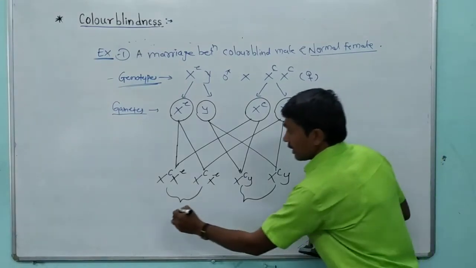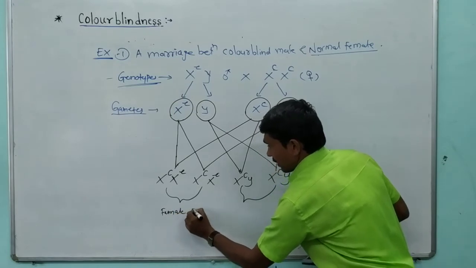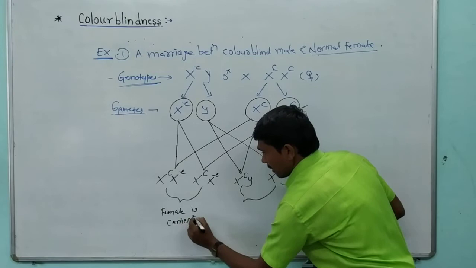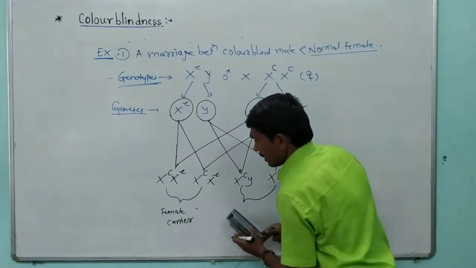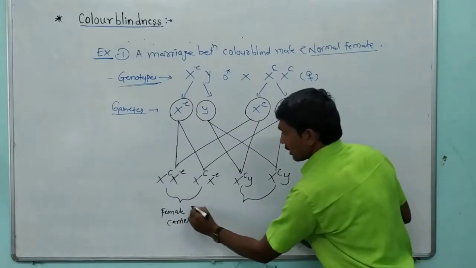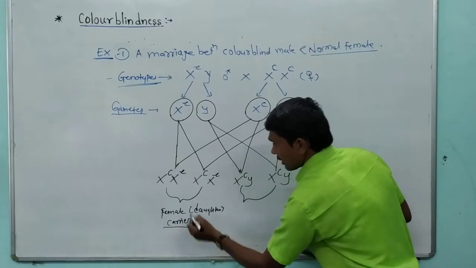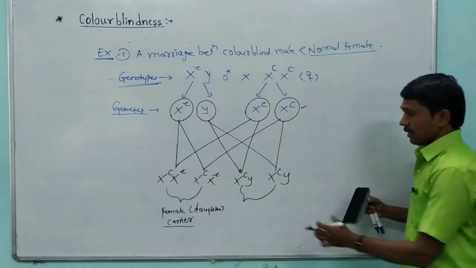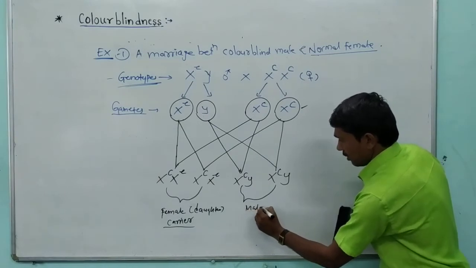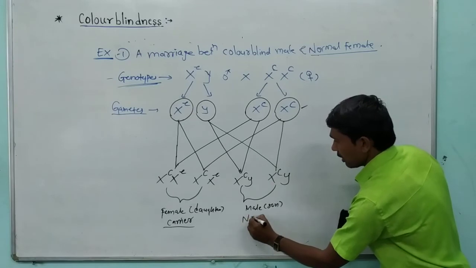The female is a carrier for that trait, or we can write it as: the daughter is a carrier for that trait. The males, or the sons, are normal vision.